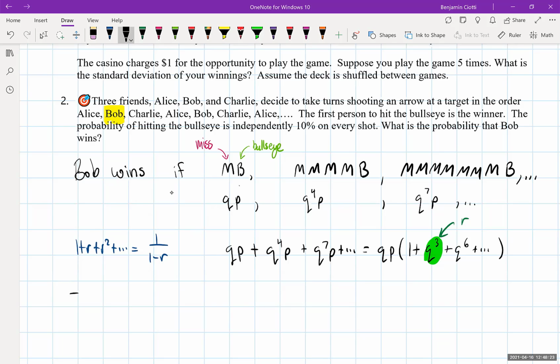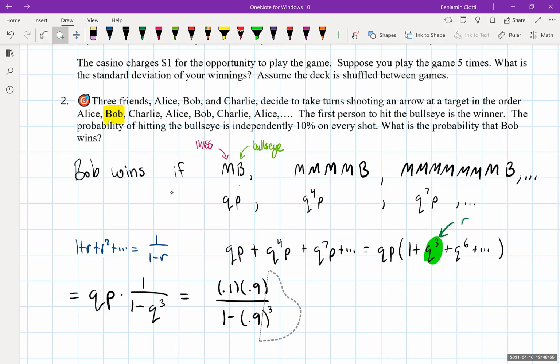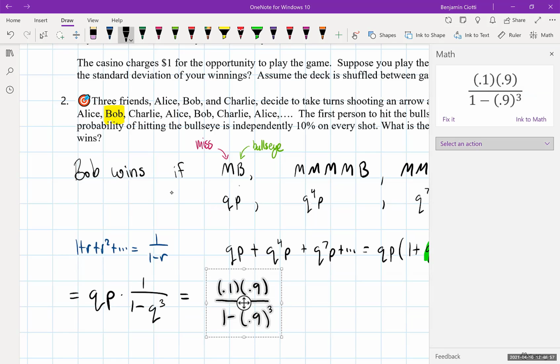So it'll be 1 minus Q cubed. Nice. And that's 0.1 over 0.9. Let's see, success is 0.1, so Q is 0.9. 0.332. Yeah. Okay, I got that answer as well.